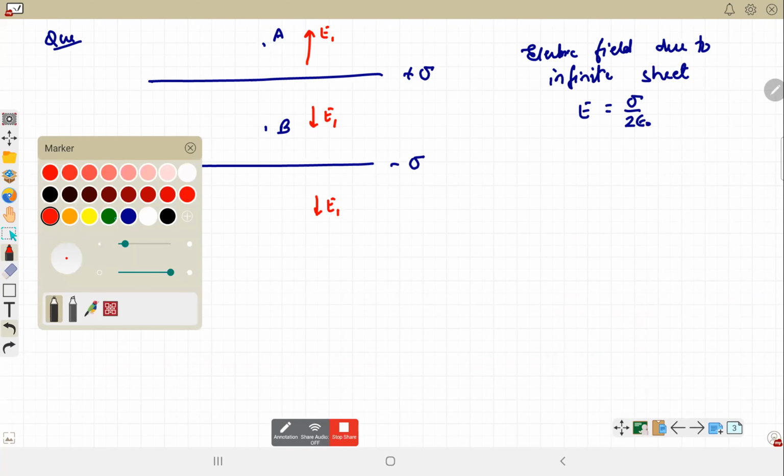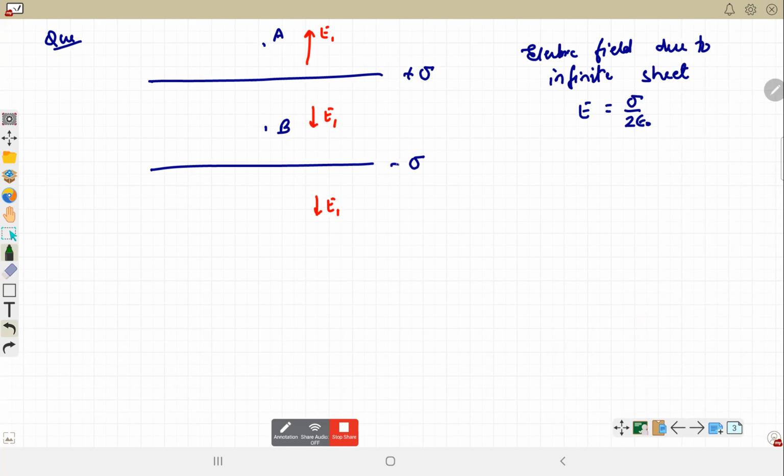Negative charge की suppose E2 है. Magnitude wise it is same, only the direction wise it is different. Negative charge अपनी तरफ attract करता है, so towards itself E2. In between the two plates, E1 and E2 electric fields are in same direction.